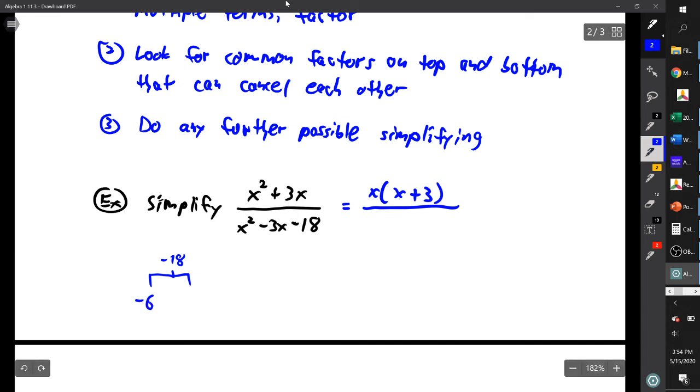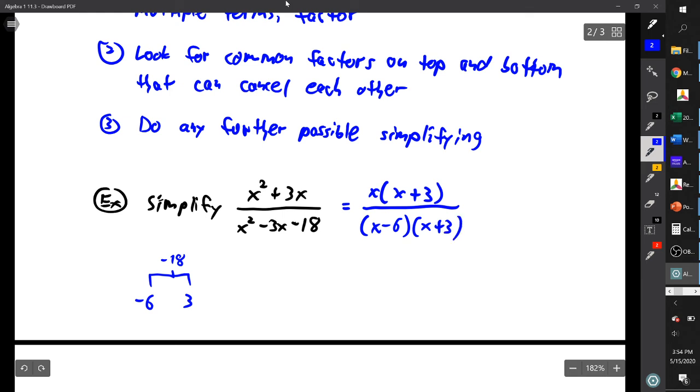So negative 6 times positive 3 is negative 18, and negative 6 plus 3 is negative 3. So my bottom factors to x minus 6 times x plus 3.